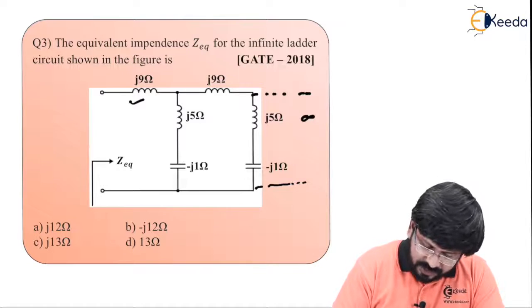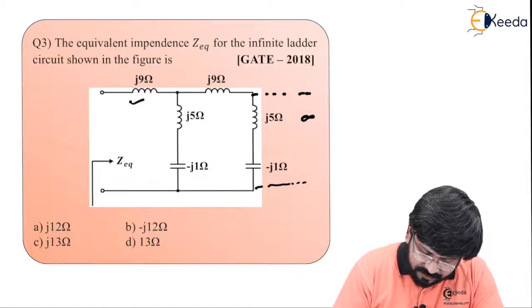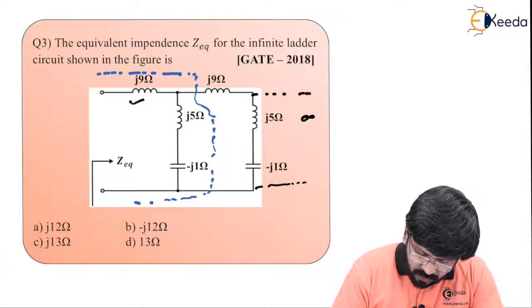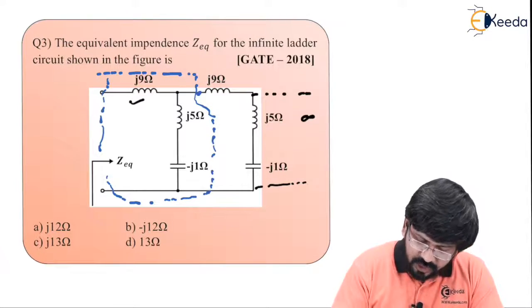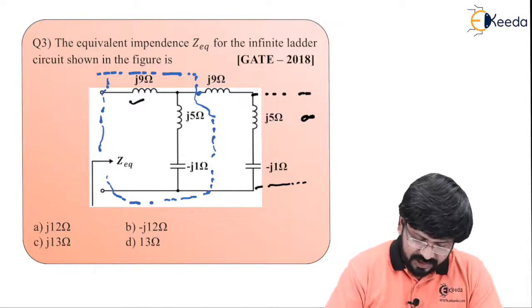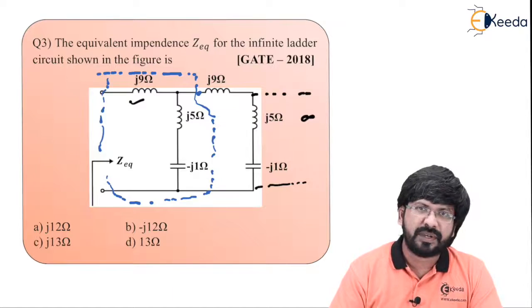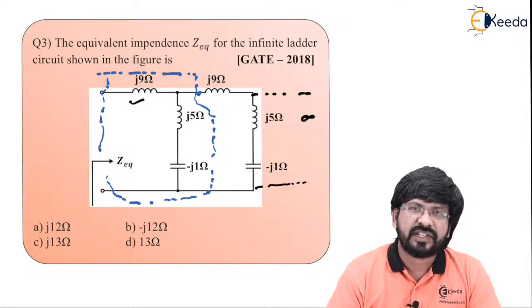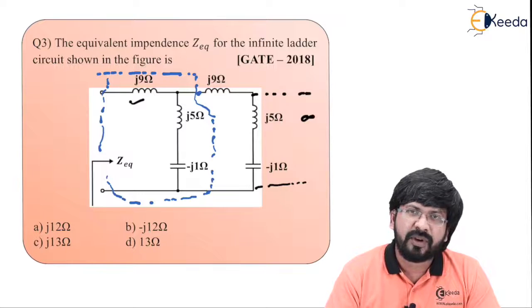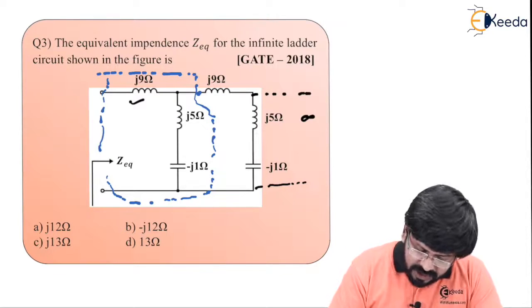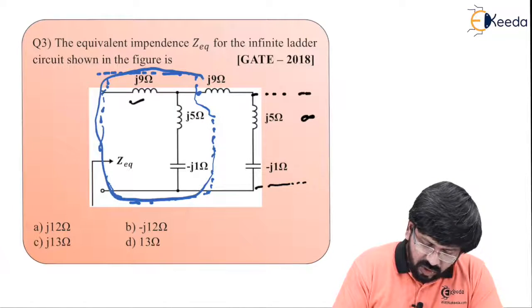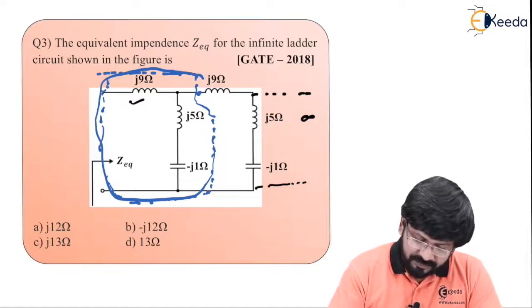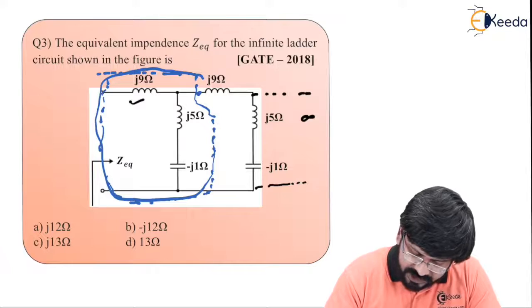Now what I do is, if it is repeating forever, even if I omit this much part, the remaining circuit is going to give me the same Z equivalent between two terminals, let's say A and B. Since this is a ladder network with an infinite number of components, even if I remove the first component from the circuit, it is not going to affect the overall Z equivalent. Am I right?